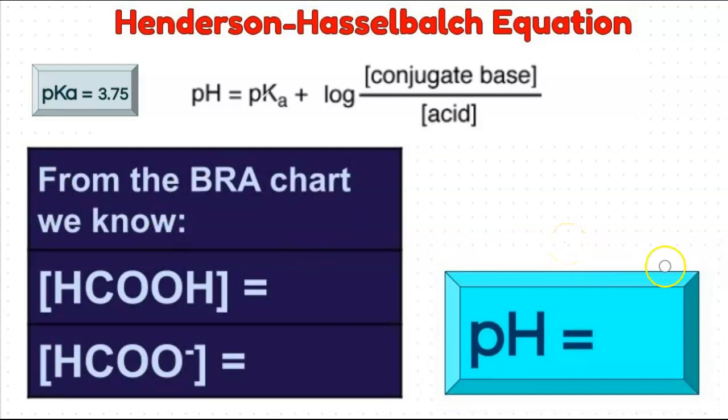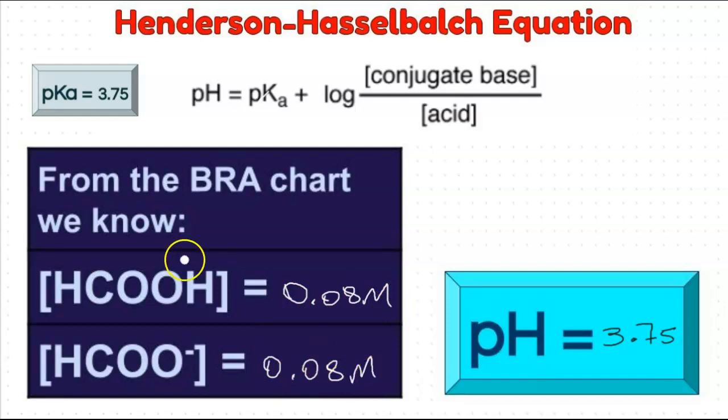Rewrite it. Okay. So if you plug it into Henderson-Hasselbalch, sometimes people don't remember the value of that half equivalence point, and so they just continue to plug numbers into equations. You have 0.08 molar concentration of your acid, you have 0.08 molar concentration of the anion.